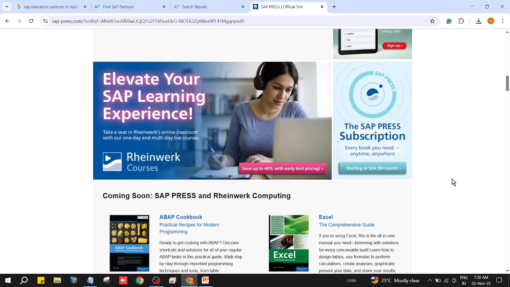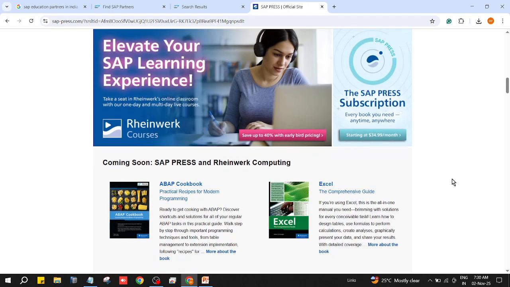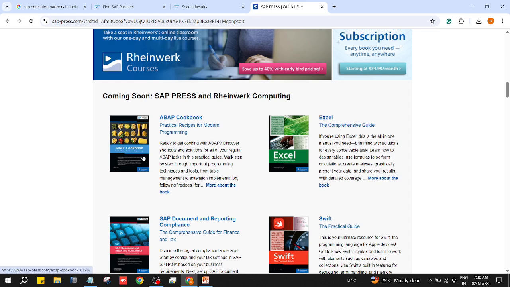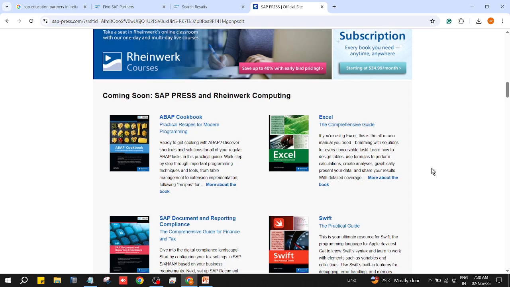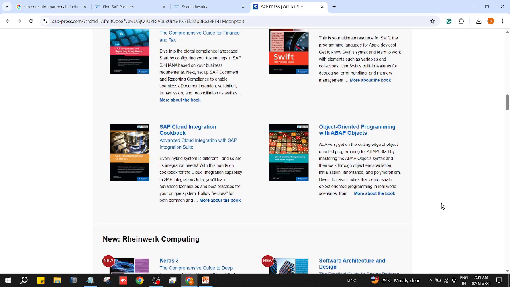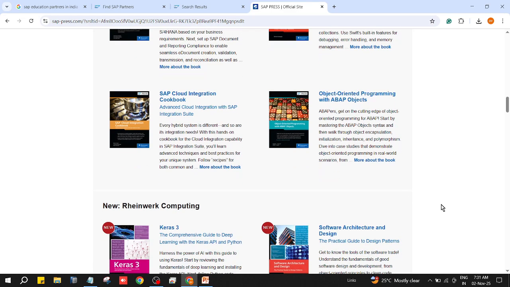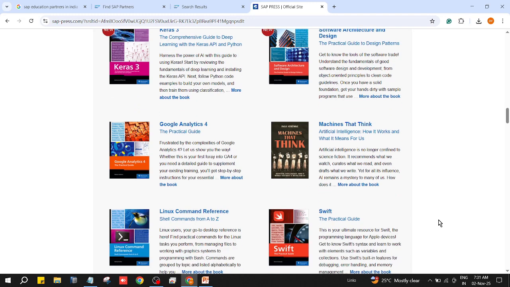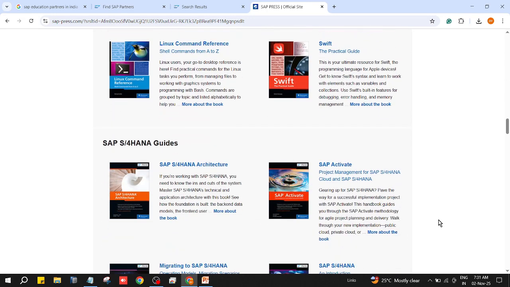Now, elevate your SAP learning experience, with so many ABAP cookbooks, practical recipes for modern programming, the cloud integration cookbook, and object oriented programming with ABAP objects, which is exclusively OOPS related. Next, software architecture and design.